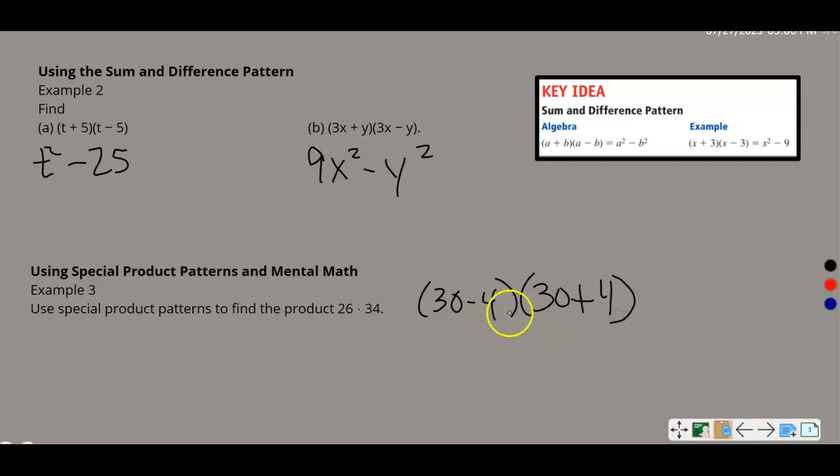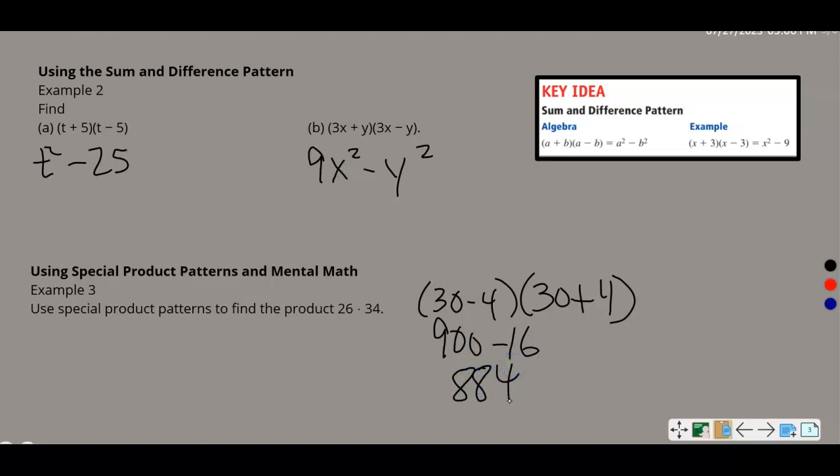So what does that look like? That looks like this right here, A plus B times A minus B. Okay, so if I do that, I can quickly solve this by doing A squared minus B squared. So 30 times 30 would be 900. And then minus 4 times 4, which is 16. 900 minus 16, 884.